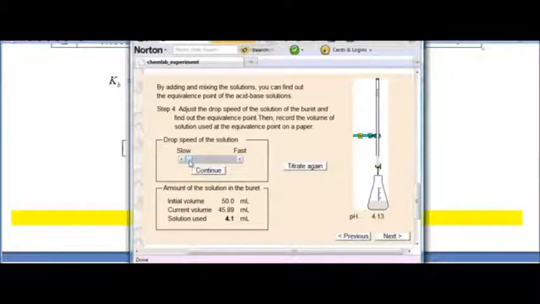All right, so we're at 4, so I want to slow this down just a bit here. The pH is increasing steadily. Hopefully this will get right at exactly 5 when we get there.